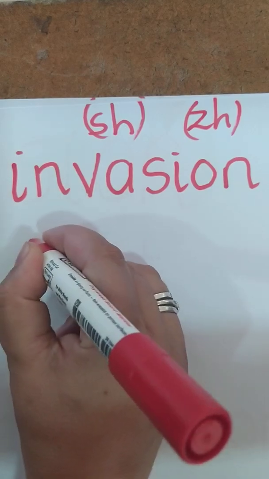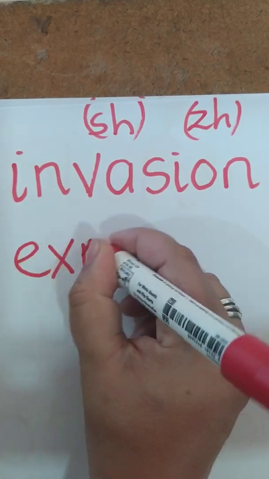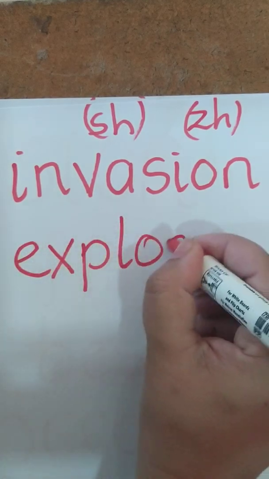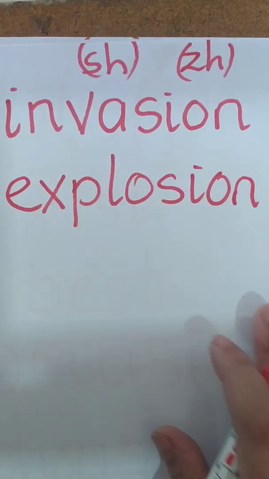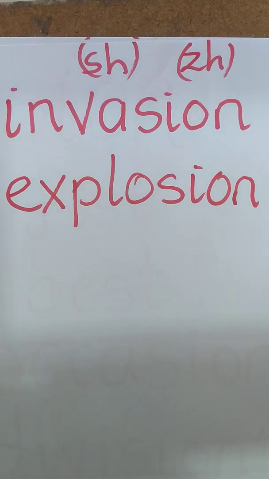Our next word is explosion. Something that explodes. So if there's an explosion, gas, the cylinder starts leaking, it's set on fire, an explosion will happen. A big boom, an explosion.